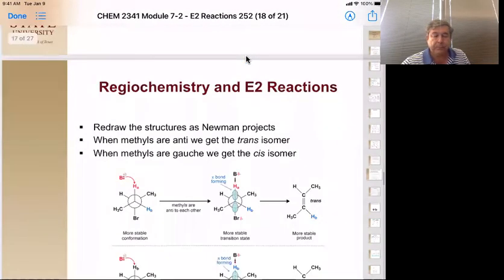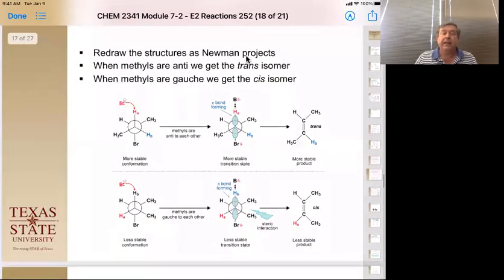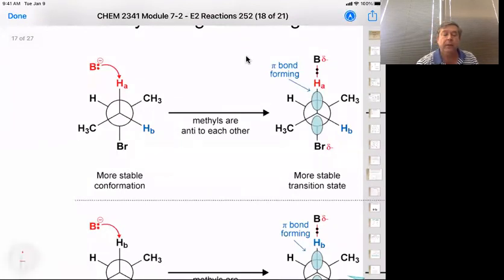All right. So, like I said before, the best way to do this is to look at it as a Newman projection. You want to look for the conformer that gives you the two substituents opposite each other. As long as there's a hydrogen available to take off that's 180 degrees from your leaving group, it will form your trans alkene.